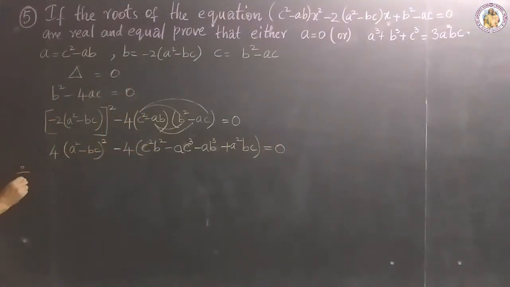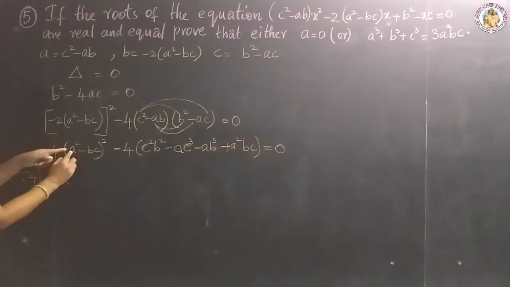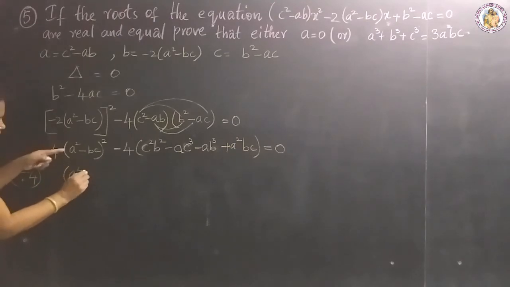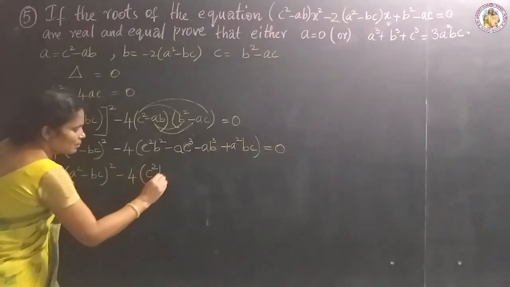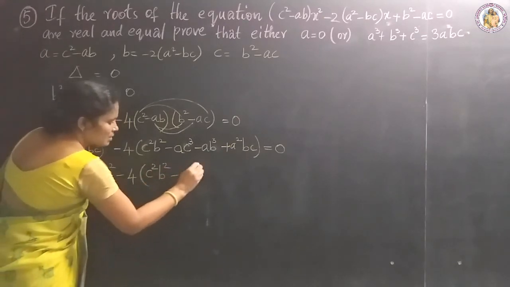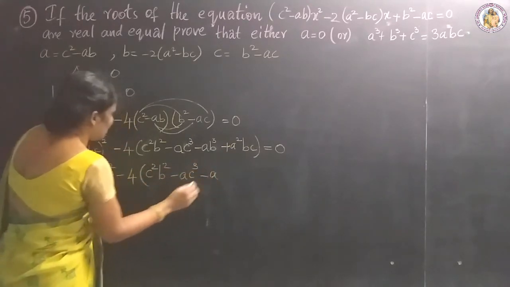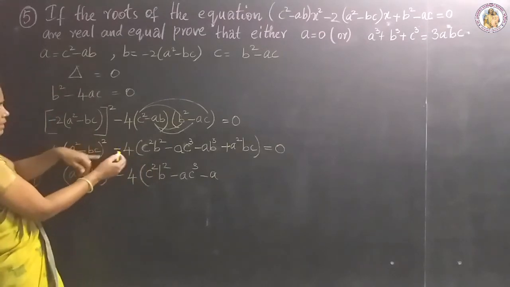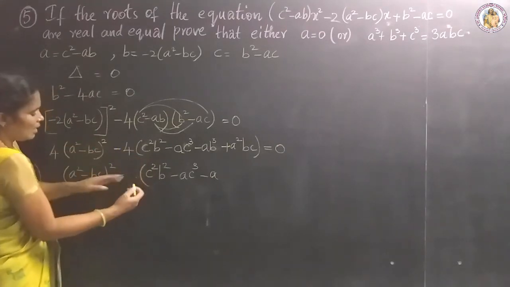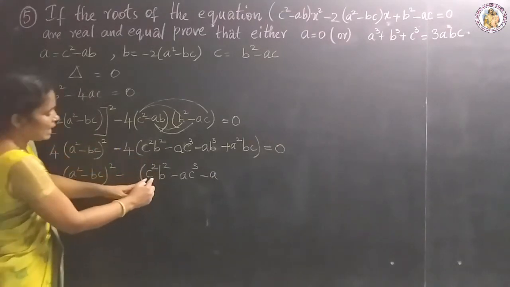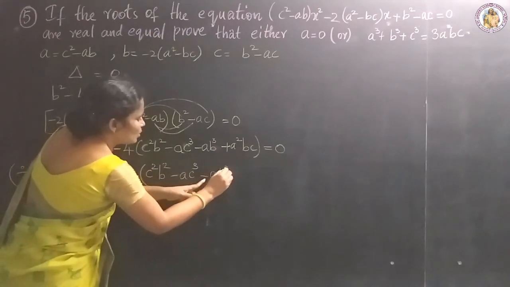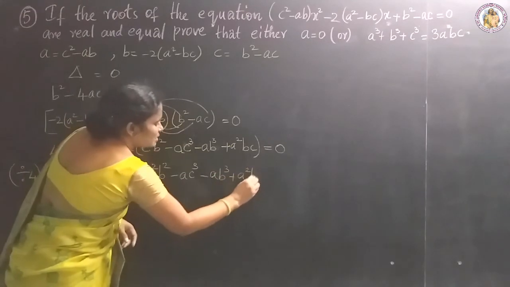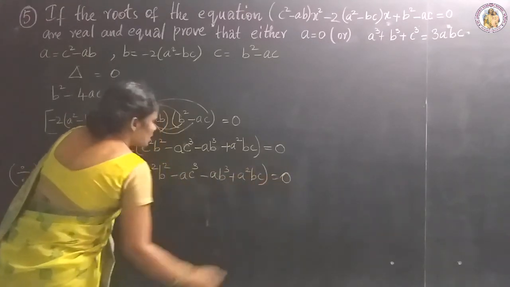So divide by 4 so that we can remove 4 and write (a² − bc)² − (c² − ab)(b² − ac), and even you can multiply. After removing 4, we will be having c² − b²... ac³ − ab³ + a²bc is equal to 0.